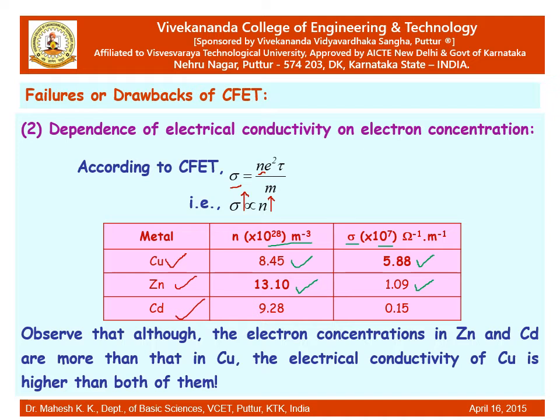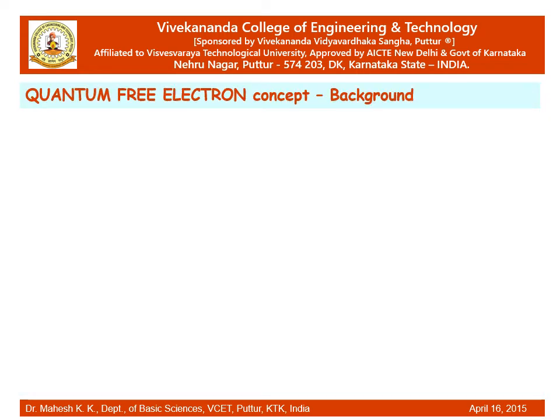So what is the conclusion here? It means that although the electron concentration in zinc and cadmium is more than in copper, the electrical conductivity of copper is higher than both of them. So hence there are two failures that we explained.